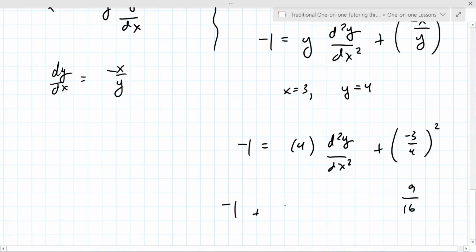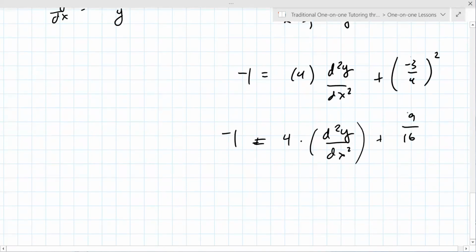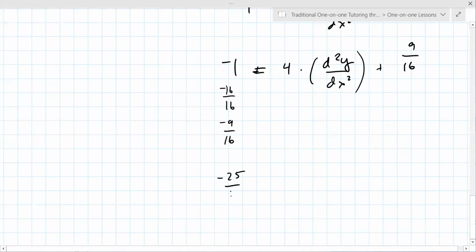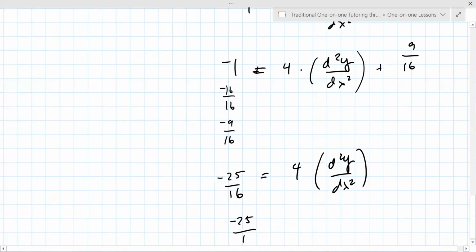Maybe subtract that over. So I guess we'll subtract this. This is -16 over 16, -9 over 16 gives you -25 over 16. It's 4 d squared y over dx squared, divide by 4. So it's minus 25 over 64. Hopefully that's right.